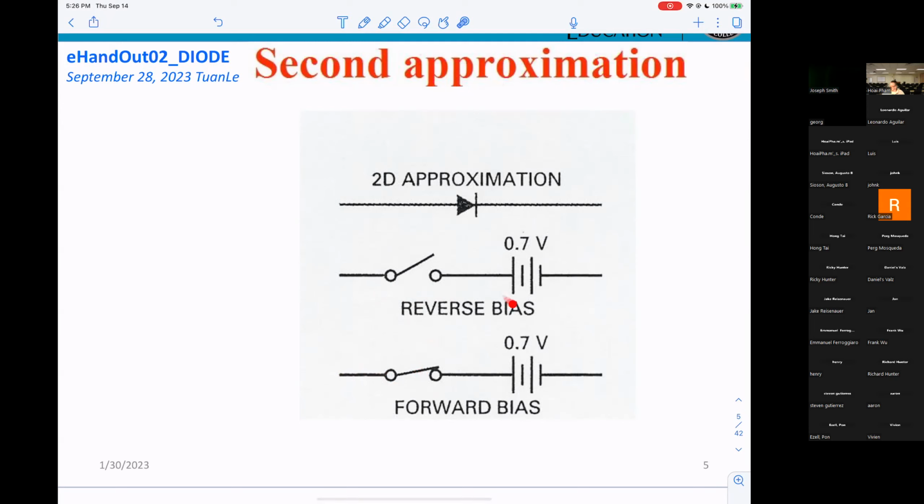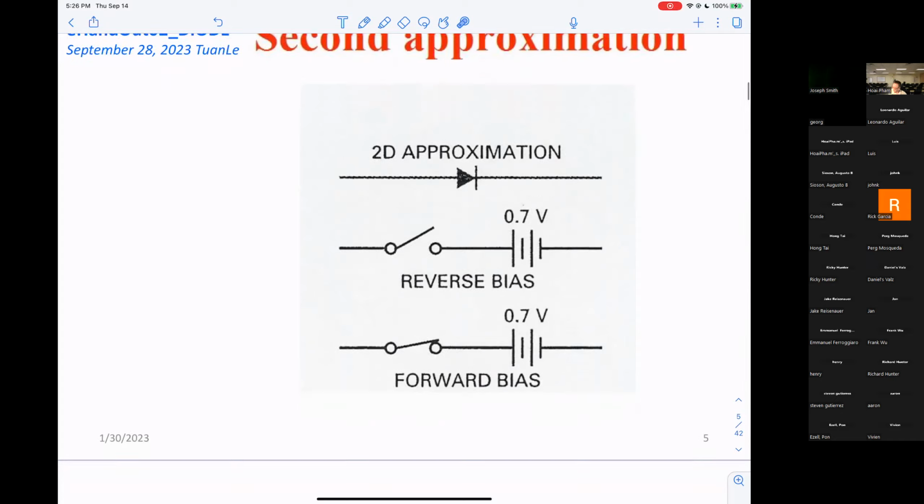How come you get 0.7 here? 0.7 volt. That means if we're using the silicon diode, then instead of drawing the diode, you will draw a power supply of 0.7 volt. Substitute for the diode when you're solving the problem. Now we'll see what happened here.